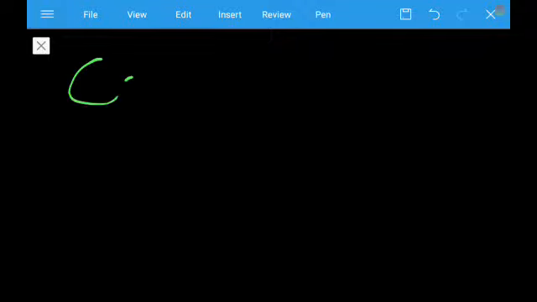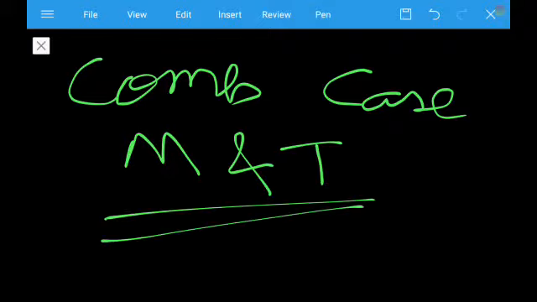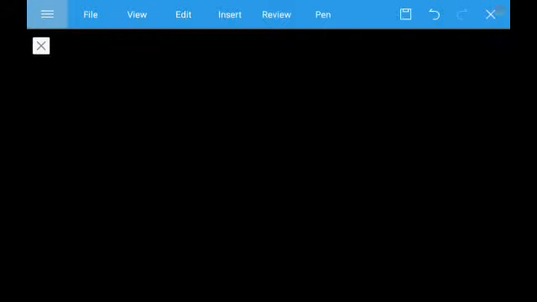Now the combined case, combining the moment and torsion effect.